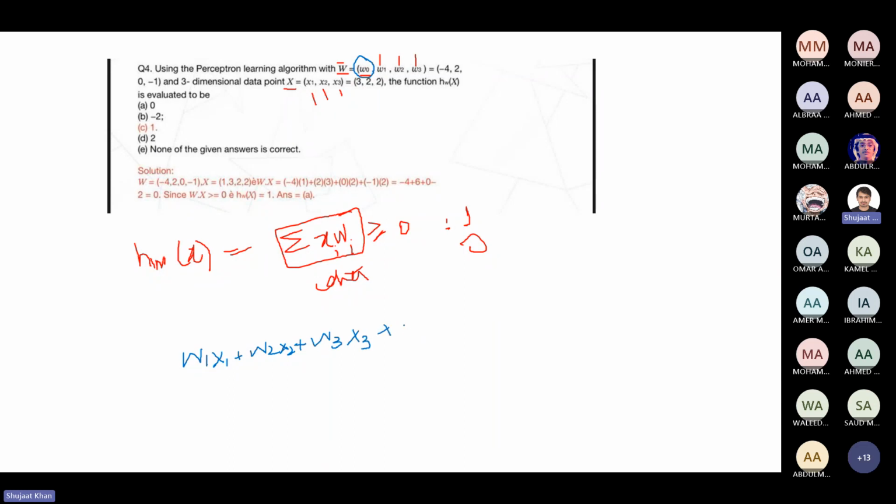Here bias is w0. You can place w0 in the beginning or in the last, it doesn't make any difference. And if this value is greater than or equal to 0, it means the output of our h will be 1. Otherwise it's going to be 0.